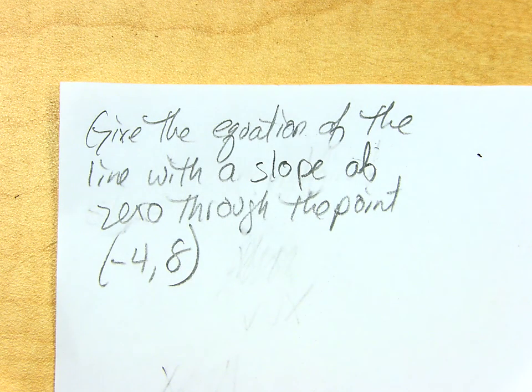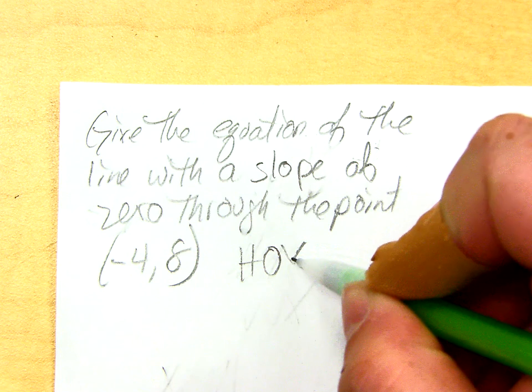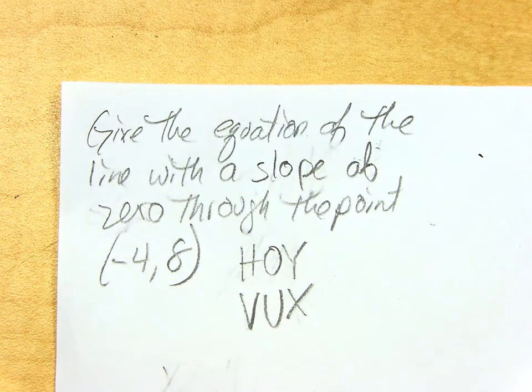Still through that same point. You see a slope of 0, so I hope you're still thinking hoy bucks gets triggered in your brain somewhere. And now just think, well, which one am I dealing with? And what's my equation going to be?